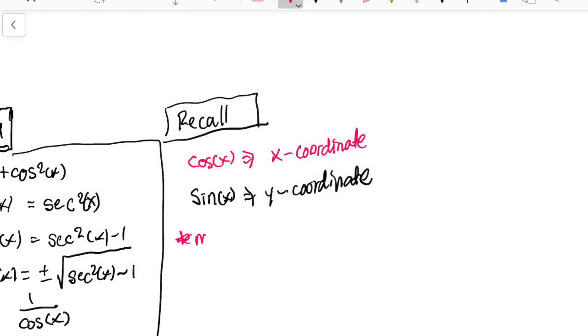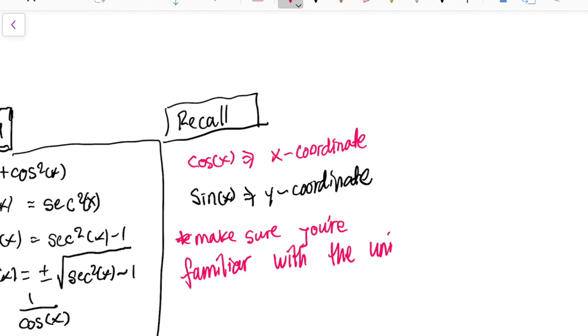And make sure you are familiar with the unit circle.